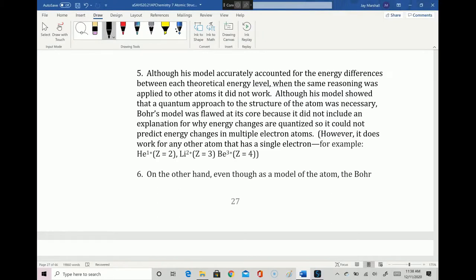Although his model showed that a quantum approach to the structure of the atom was necessary, we need to structure our model based on the idea that we have energy levels, and that's what this showed. Bohr's model was flawed at its core because it didn't include an explanation for why energy changes are quantized.